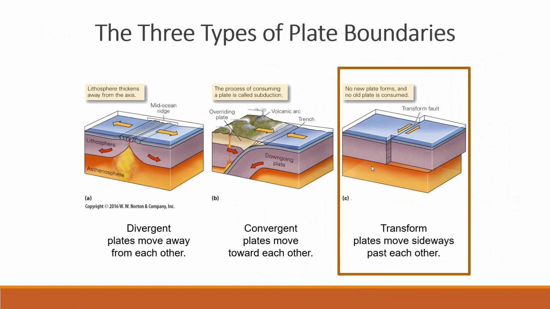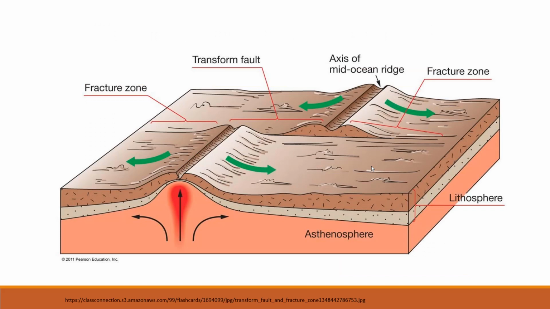And our third type of boundary is a transform boundary. So transform boundary is where the plates slide past each other. These are necessary because the Earth is spherical, and in order for the Earth to remain spherical, we have to have these transform boundaries. So if we look at a mid-ocean ridge, we actually see that it's not going to be continuous.